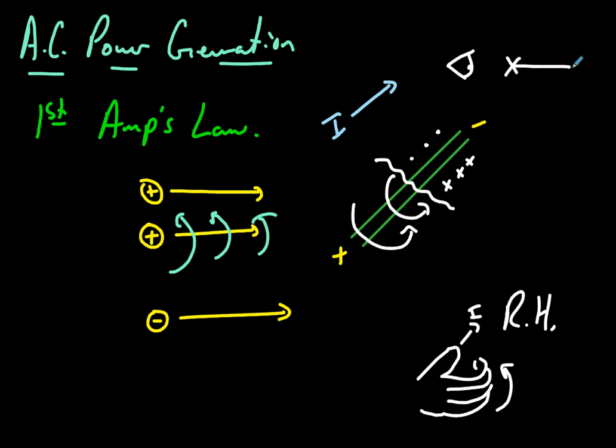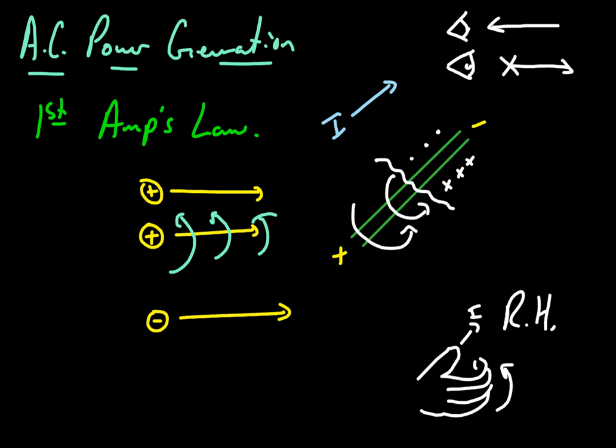If you see the arrow flying away from you, you're going to see the X of its feathers as it flies away. That's a terrible arrow. You just fix that. Okay, you'll see the back end of it as it flies away, and it's going to look like an X. And if the arrow is flying towards you, you're going to see the tip, and it's going to look like a dot. Okay, so you can see how this curved magnetic field looks like that.